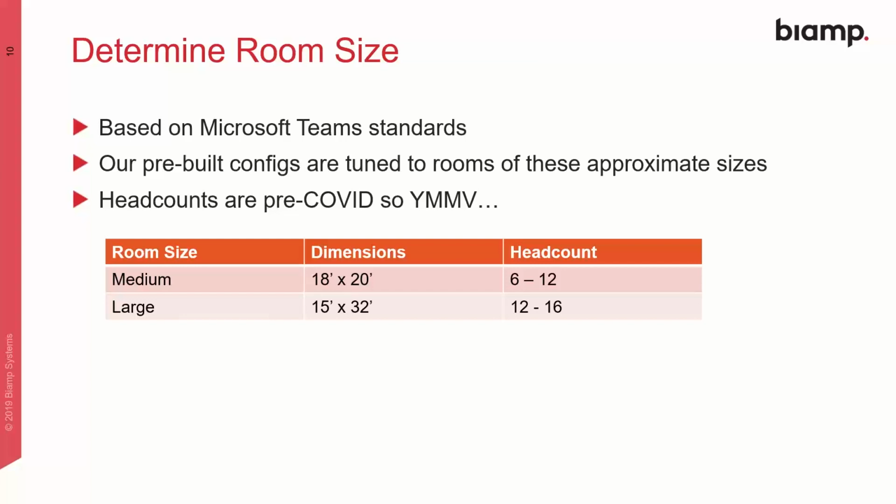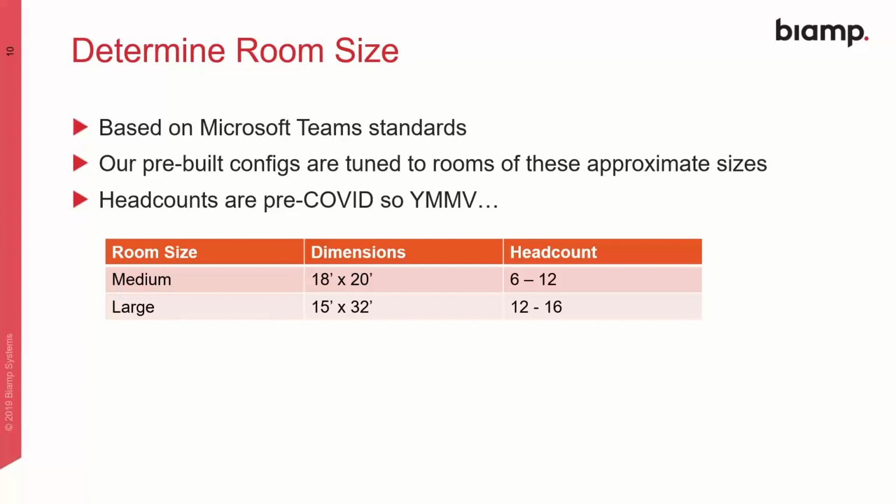And in there, they define some mean room sizes. And so what we've done with these medium and large bundles is tune our configurations based off the rooms of these approximate sizes. So their medium room is defined as 18 foot by 20, which is about 6 meters by 7 in size, or a head count of 6 to 12 people pre-COVID.